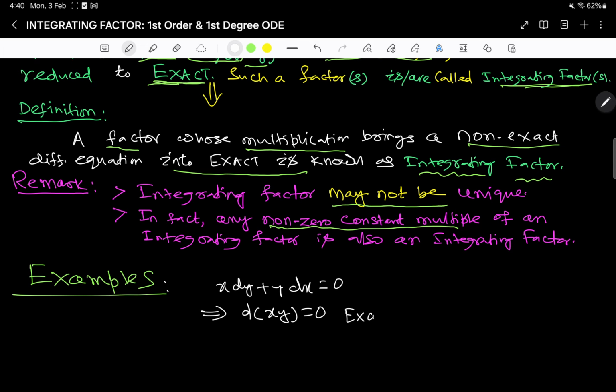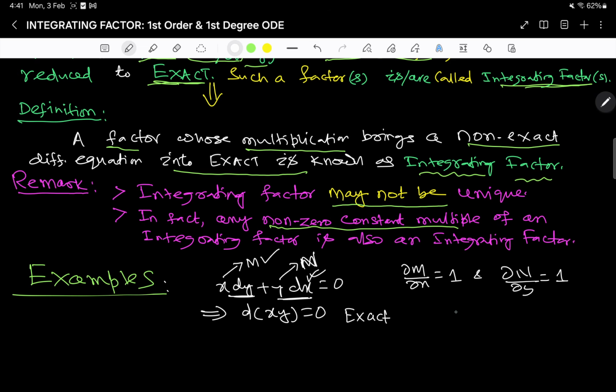If I see this as my M and this as my N, then del M by del x is 1 and del N by del y is 1 because it is written of the form x dy plus y dx. So I write it like this.